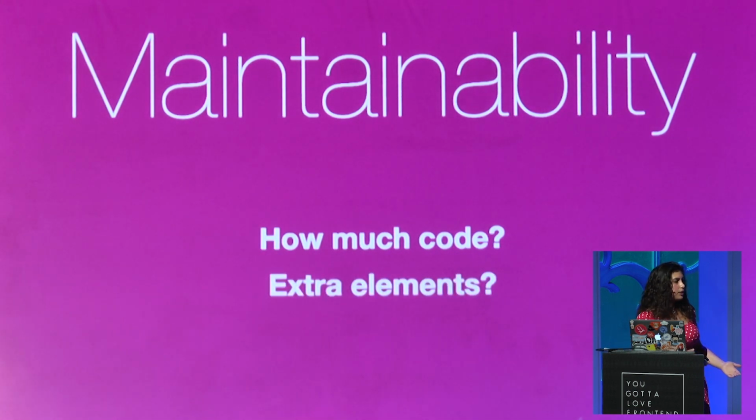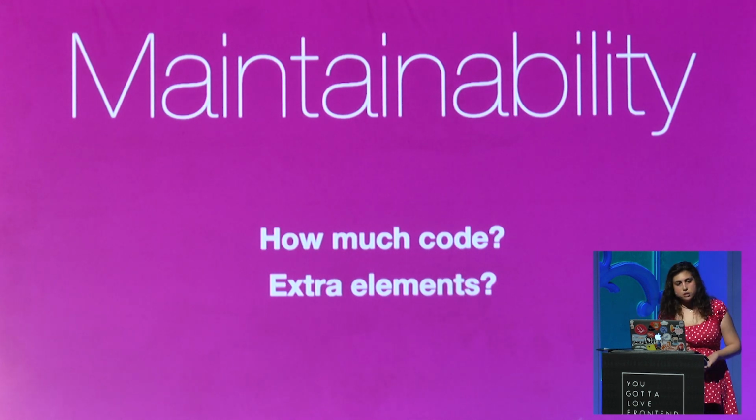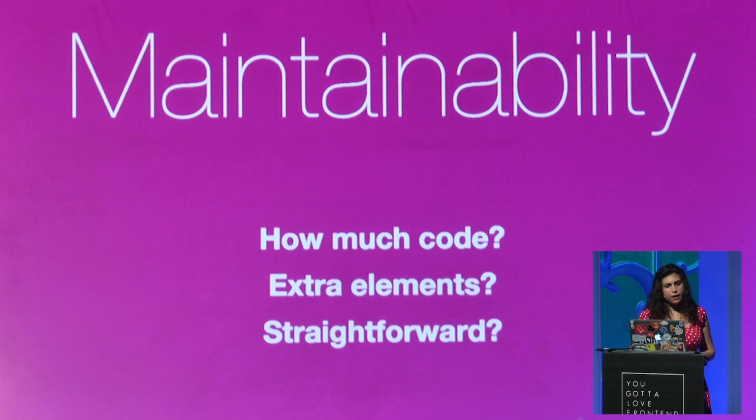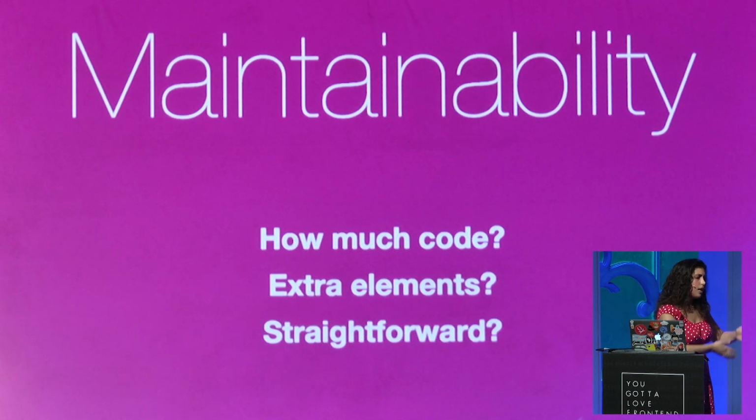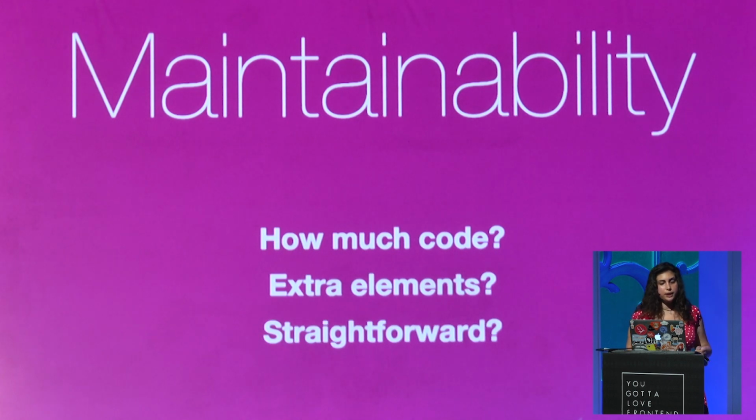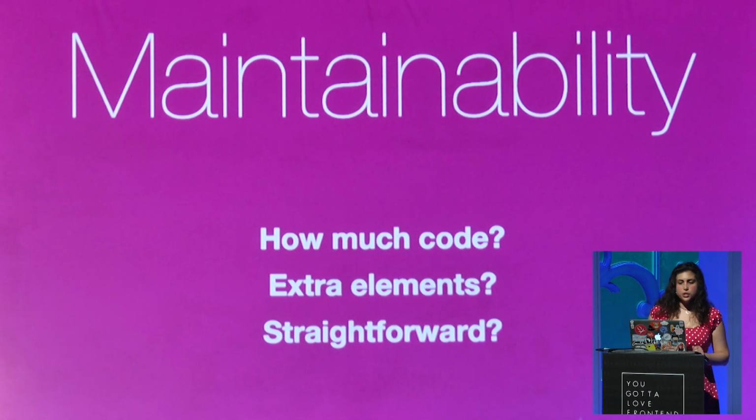Does it use extra elements? Because then we have to look at the HTML and modify the HTML, which increases the complexity. And mainly, how straightforward is it? In the pie charts, can we look at this code and figure out how to change something? Where do I increase the percentage? What do I have to change? So as you can see, these three are kind of related to each other.